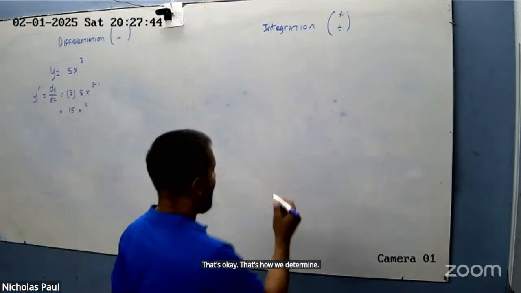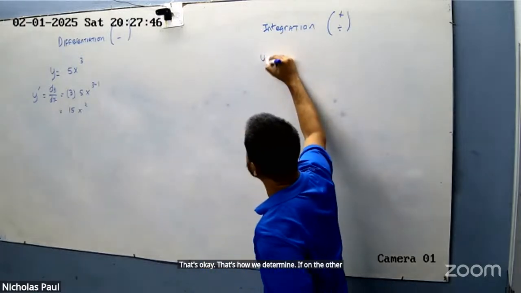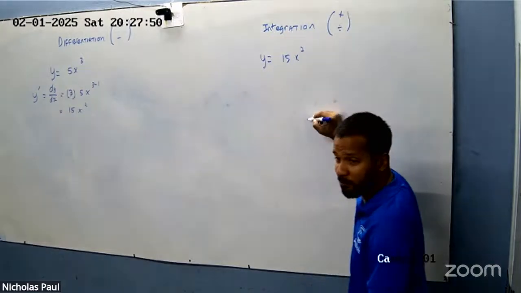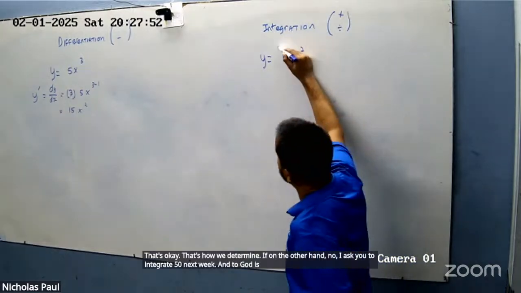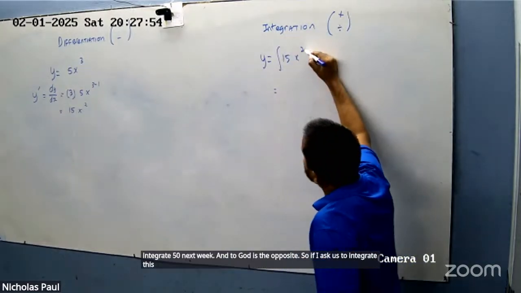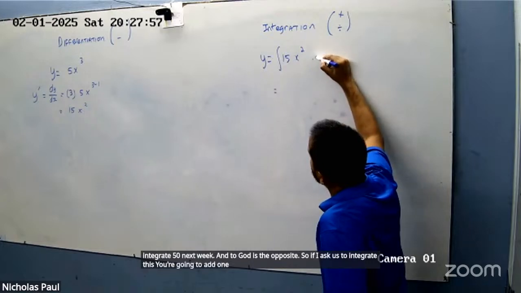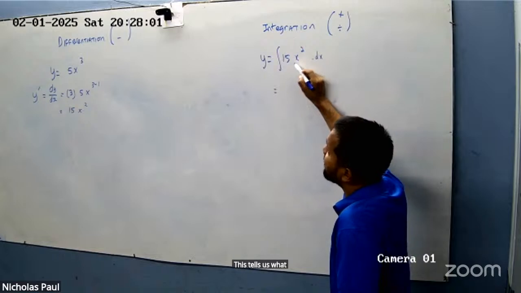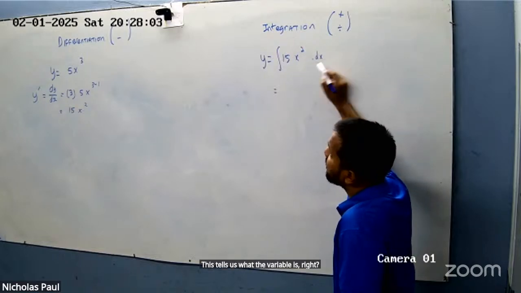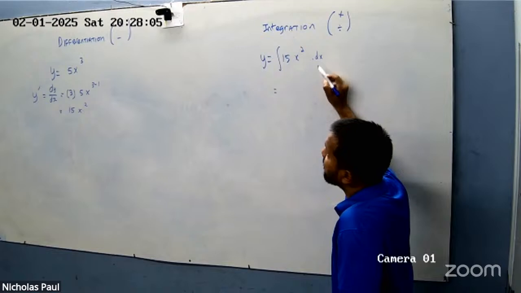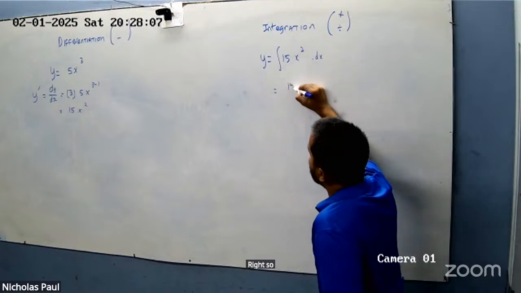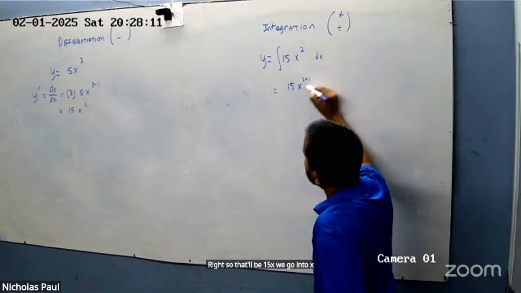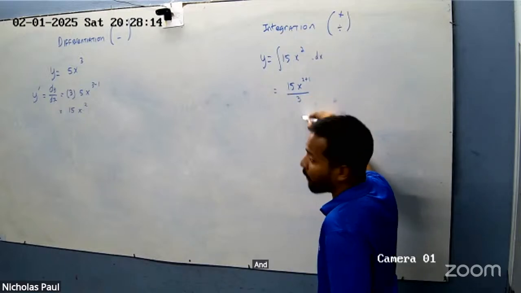If on the other hand I ask you to integrate 15x squared, integral is the opposite. You're going to add 1 to the power and divide by that new power, integrating with respect to x. This tells us what the variable is.